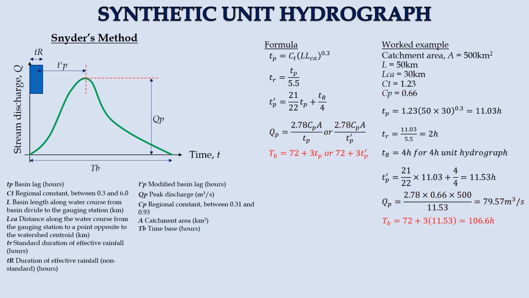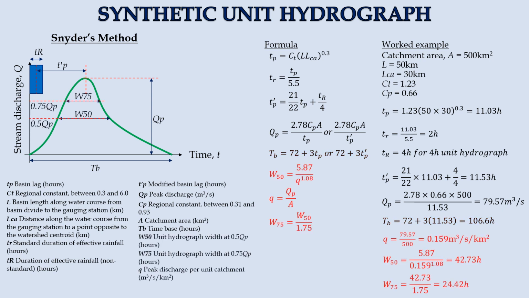The time base of unit hydrograph Tb equals 72 plus 3 times basin lag time, and the unit of result shall be in hours. In our example, this is found to be 106.6 hours. The width of unit hydrograph at 50% of peak flow is correlated with the peak discharge per unit catchment area.